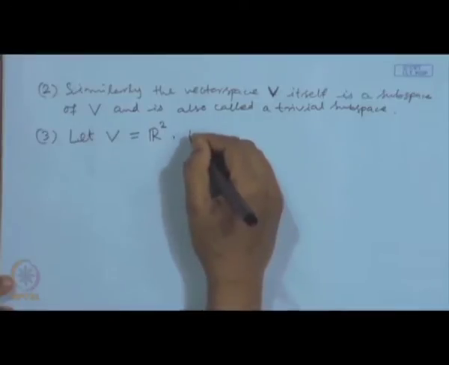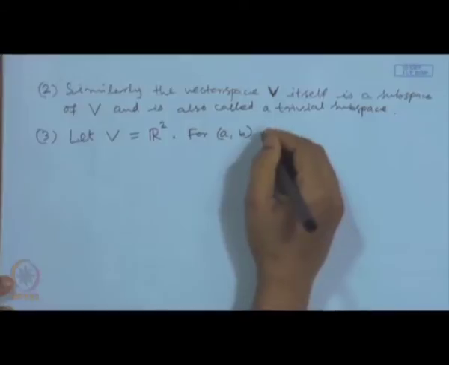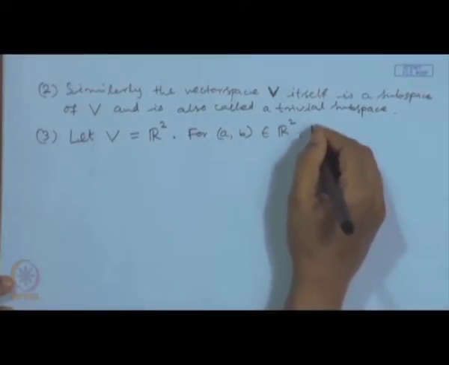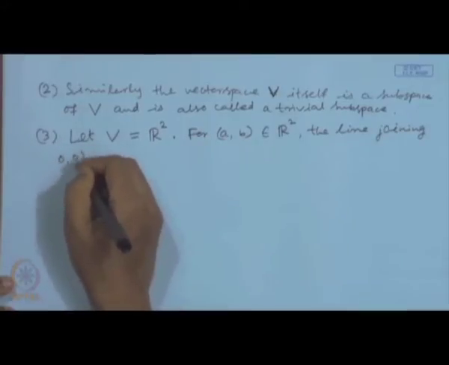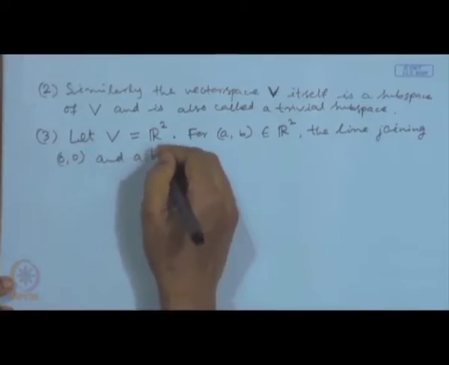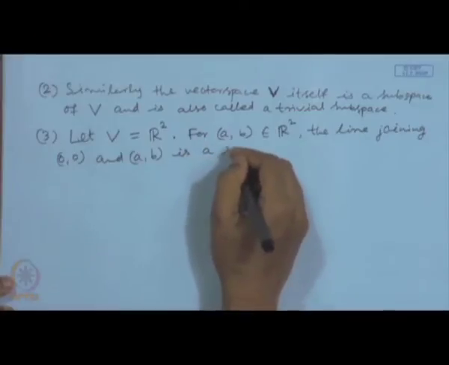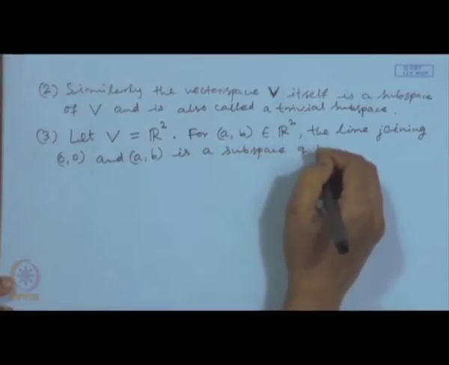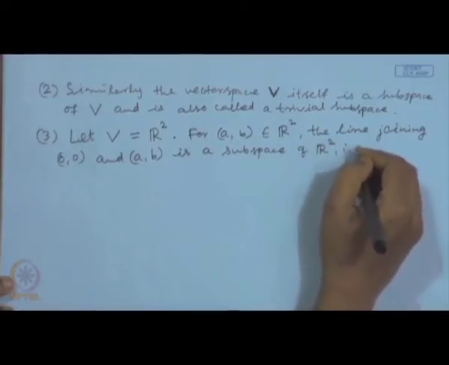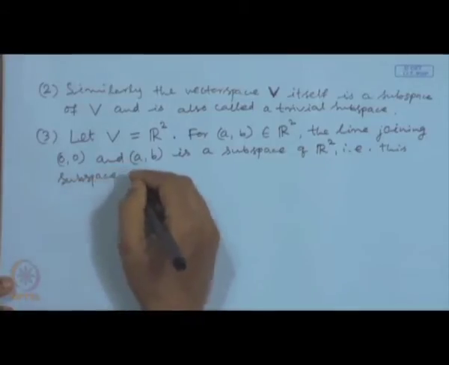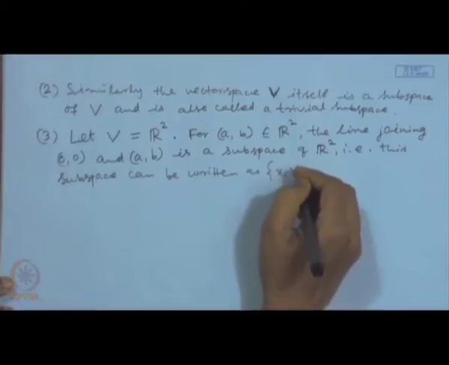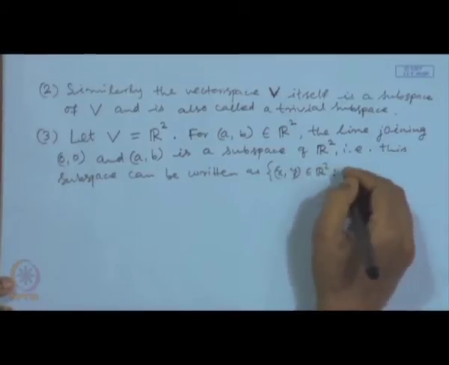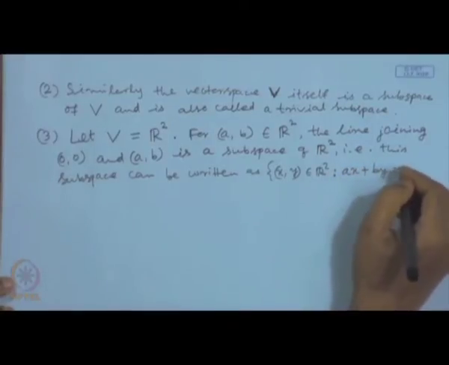Then for any point (a, b) in R 2, the line joining the origin (0, 0) and this point (a, b) is a subspace of R 2, that is, this subspace can be written as the set of all (x, y) in R 2 such that a x plus b y is equal to 0.